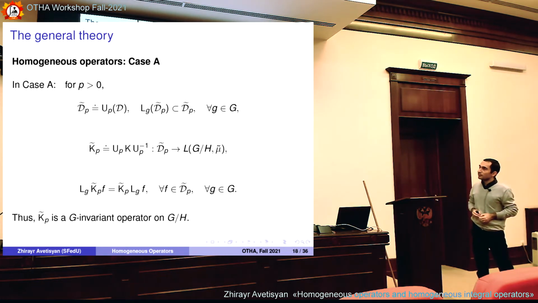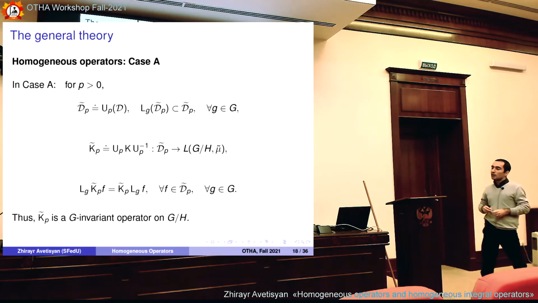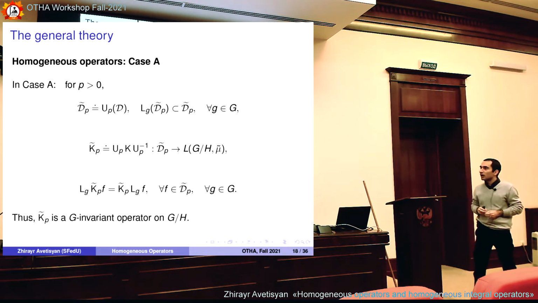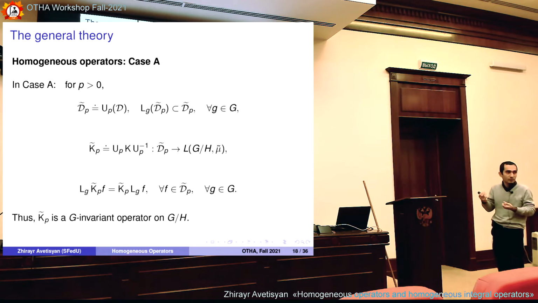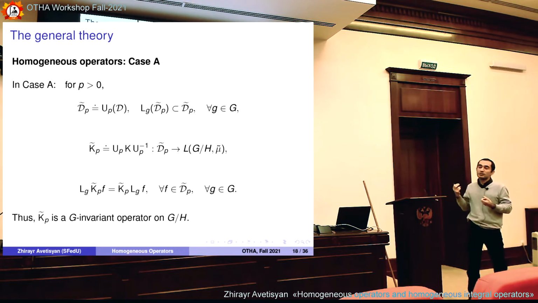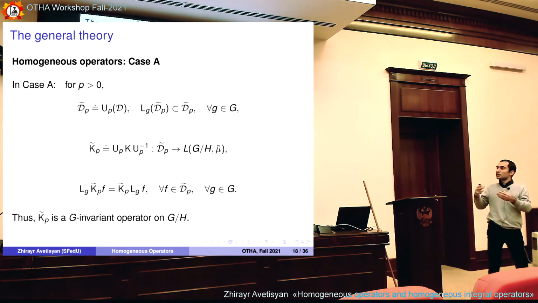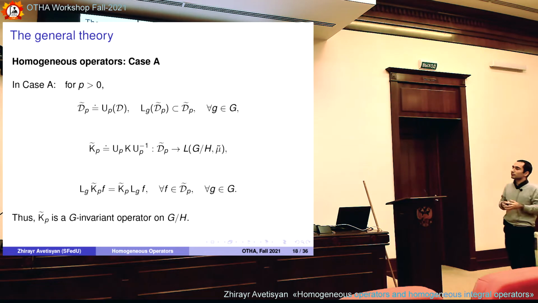And you show that because of the intertwining property between U_P and L_G that I showed you before, the newly constructed K tilde also commutes with L_G. But now this happens in the space of the invariant measure nu tilde. So you have now not a homogeneous operator, but a G-invariant operator in a homogeneous space with invariant measures. So you're back in your old and beautiful harmonic analysis and convolution theory, right?